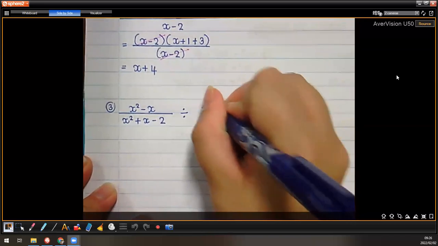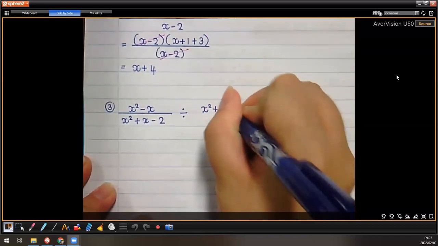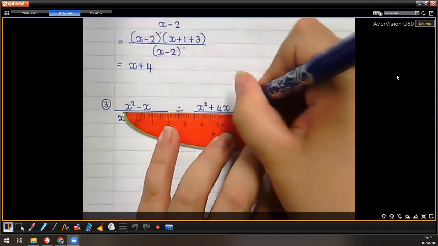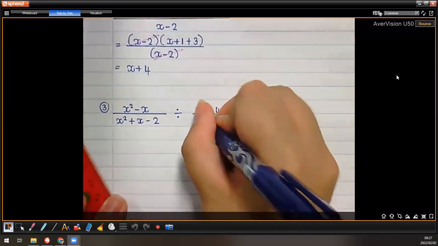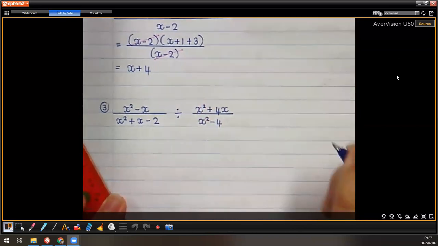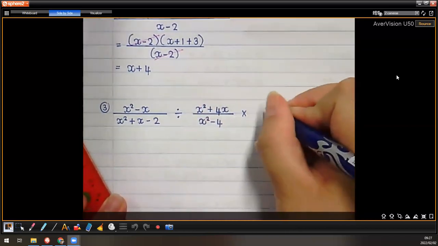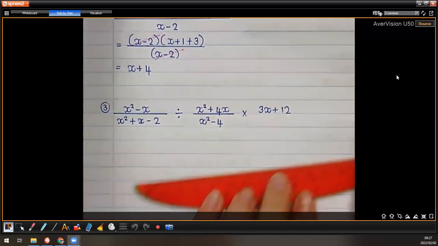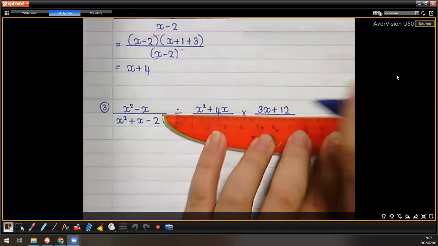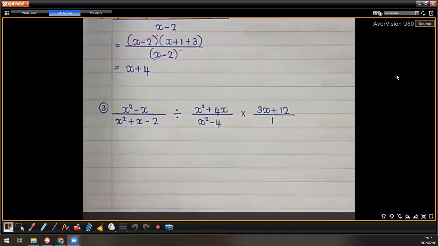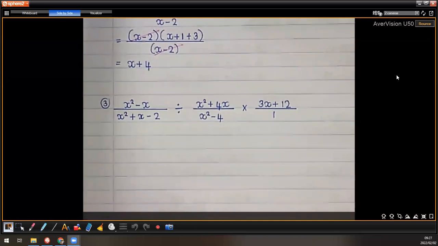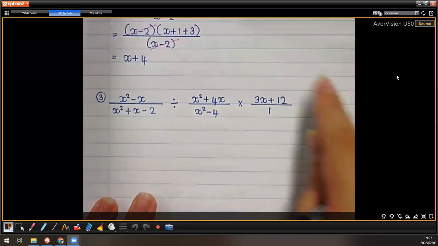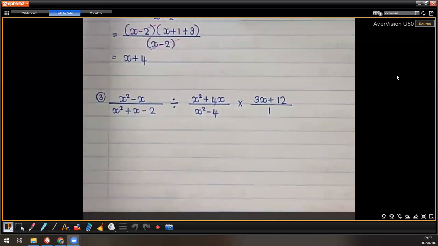That is then divided by x squared plus 4x over x squared minus 4 times 3x plus 12, and then they wrote it in the textbook over 1, but they didn't actually have to do that, right? They could have just put 3x plus 12 in brackets next to the times, and you would then have to recognize that you can write it as over 1.